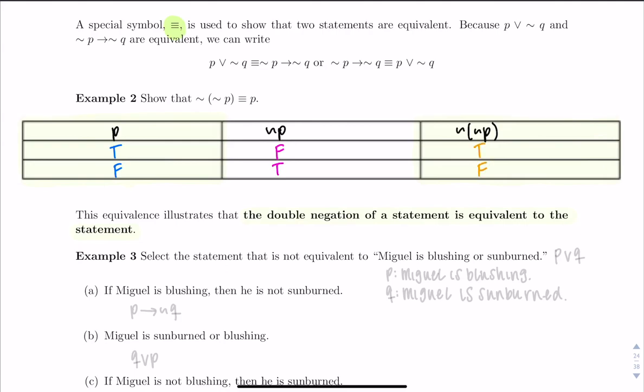We want to see if this third column has the same truth values as the first column. And they do. So this illustrates that the double negation of a statement is equivalent to the original statement.